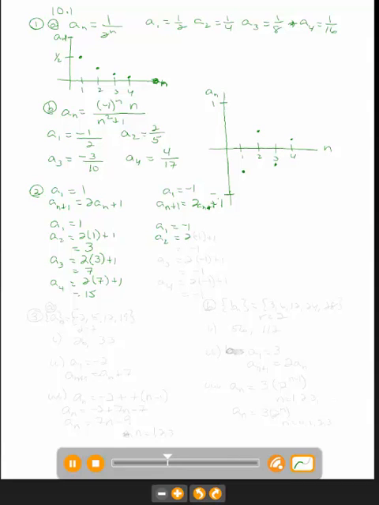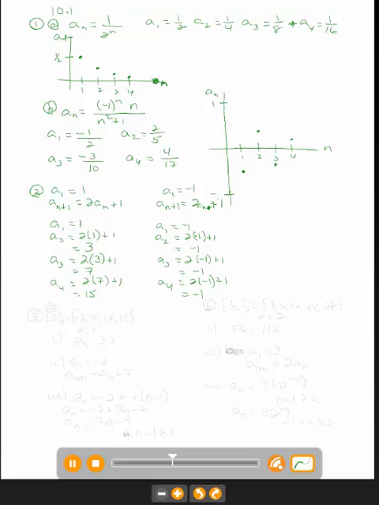Second term is going to be 2 times -1 plus 1, which gives me -1. Third term is going to be 2 times the previous answer plus 1, so now I'm going to get -1 again. The fourth one is 2 times the previous answer, which is -1, plus 1, and this one is stuck in the -1s.